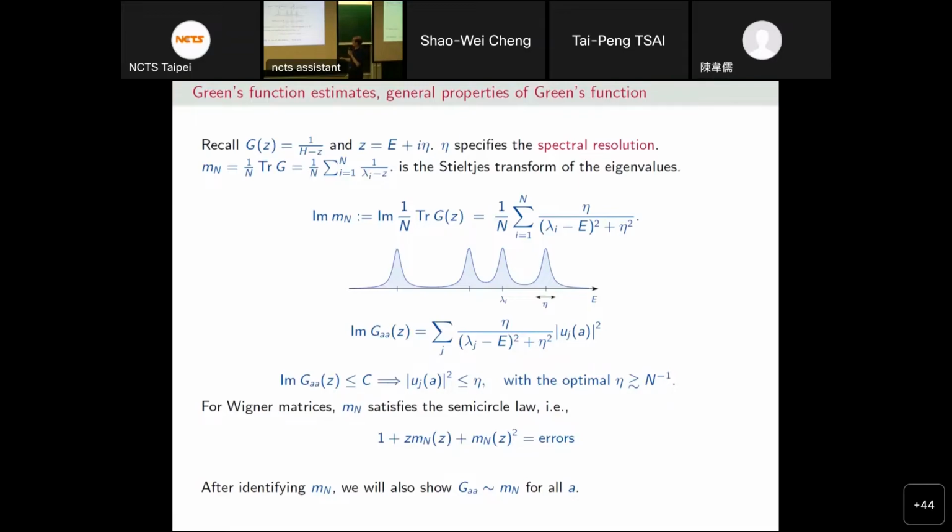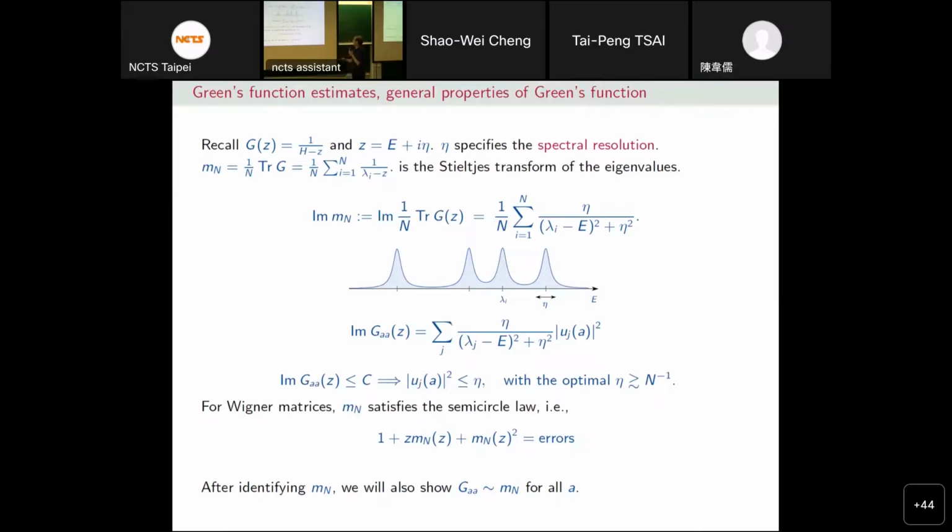And not just that, if you look at a Green function element G_aa and take the imaginary part, it is similar, but you have the inner product of u_j and a squared, where u_j is the j-th eigenvector. So the Green function also carries information about the eigenvectors; the eigenvector sizes are hidden here. Once you understand very well this m_N and also this G_aa, then you know very well about the eigenvector distributions.